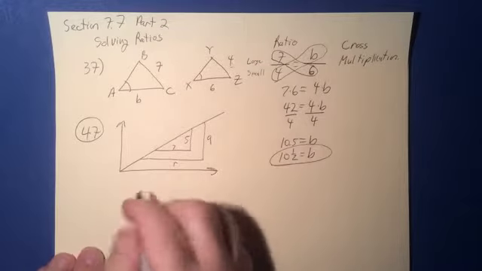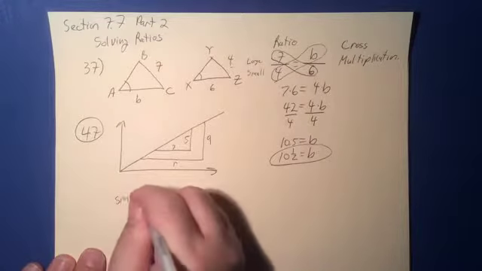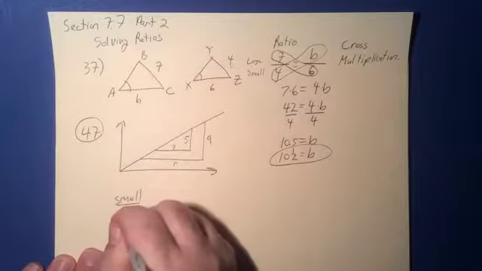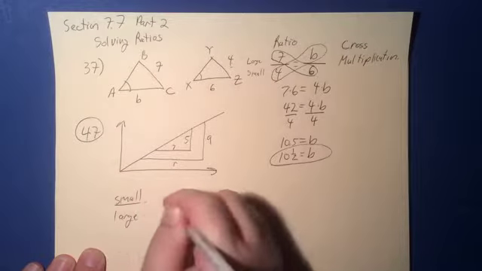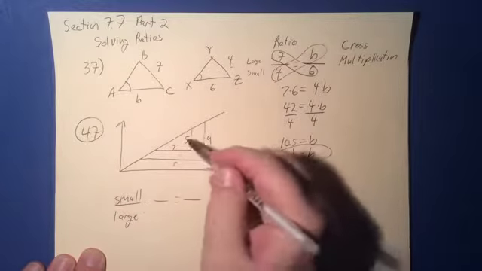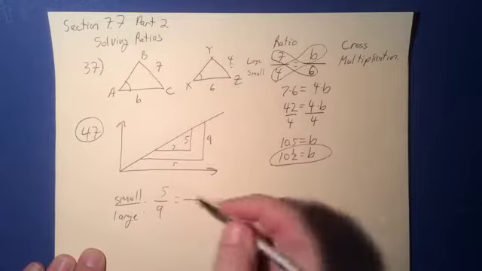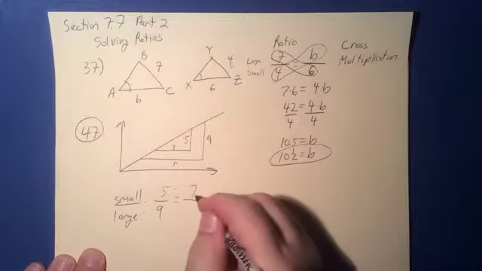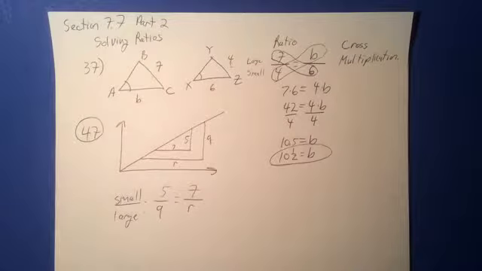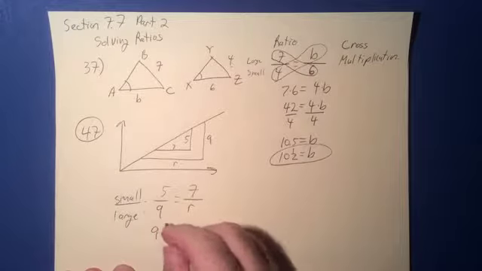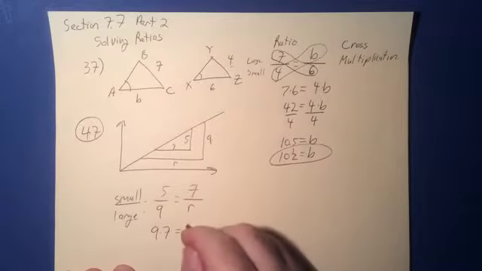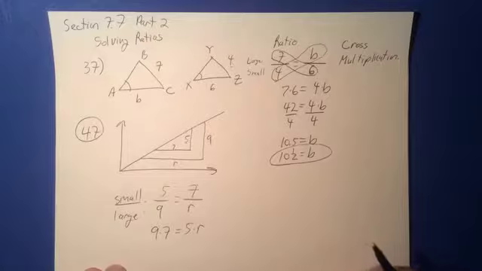So if I go small to large, 5 to 9 corresponds with 7 over r. I put the ratio together that way. I'm now going to solve this by taking 9 times 7, setting it equal to 5 times r.